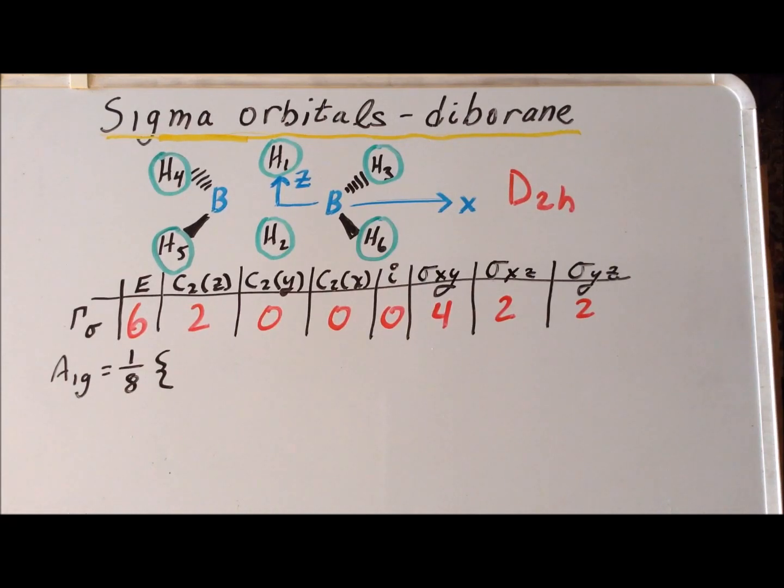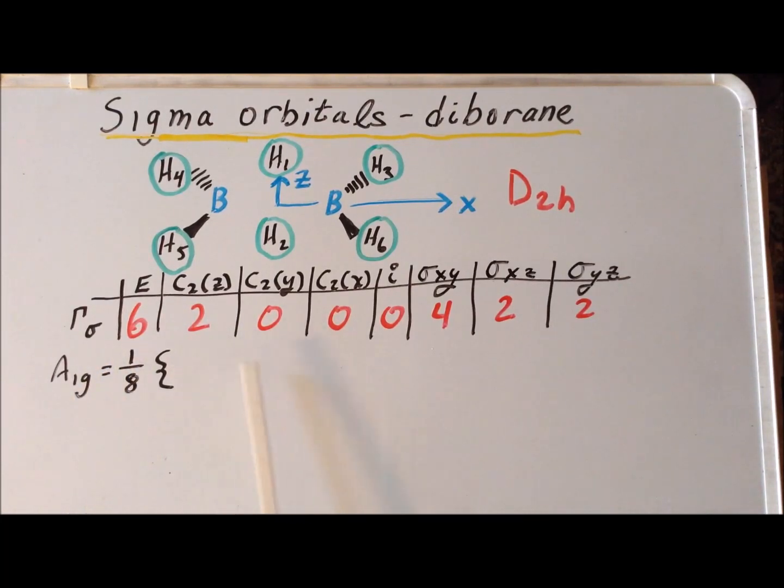The typical procedure that we would use, and the procedure that we've used in all of the other videos that I've made, is in this reduction formula, first we have this 1 over the order of the group. The order is the number of operations in the group, and we see clearly that we have 8 operations, so the order of the group is 8. So we have this 1 over 8.